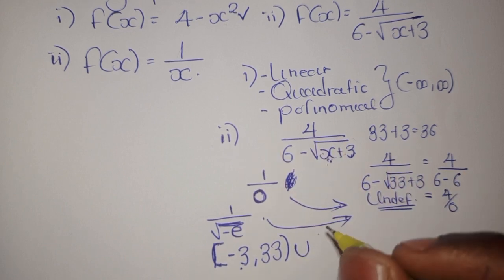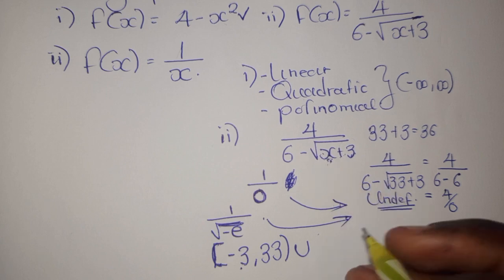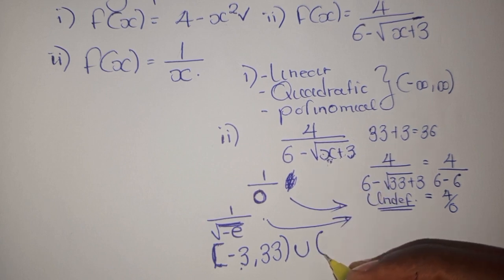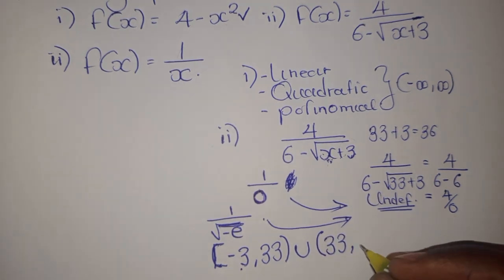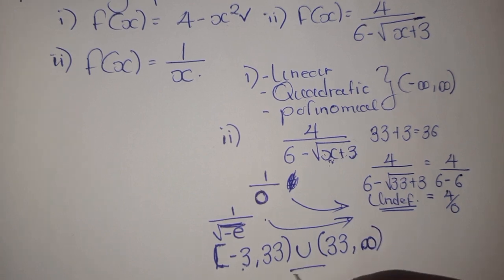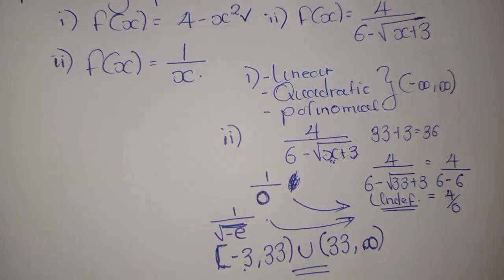Union, starting from, or in short, let's say exclusive of 33 itself, but all the way to positive infinity, will make this defined. So this is the domain of that expression which we have there.